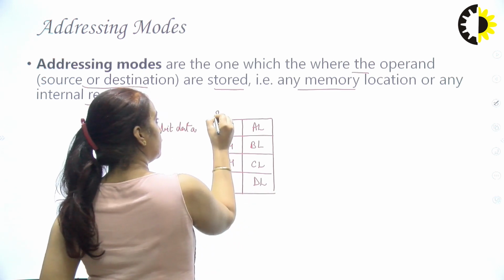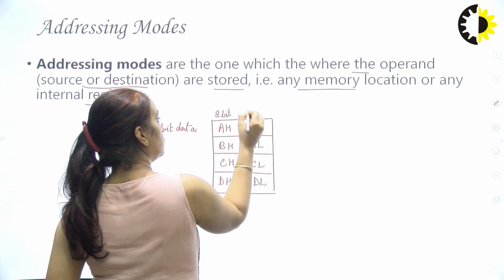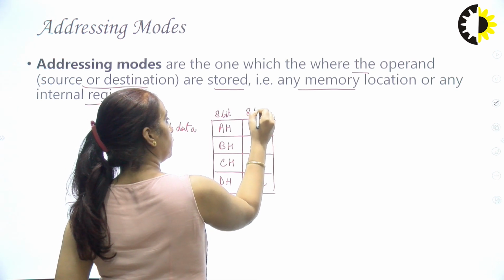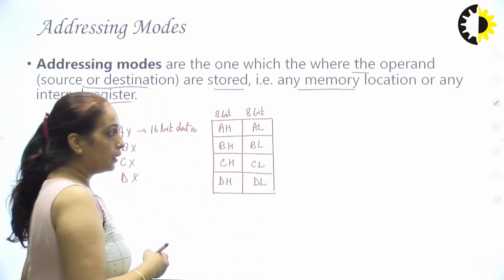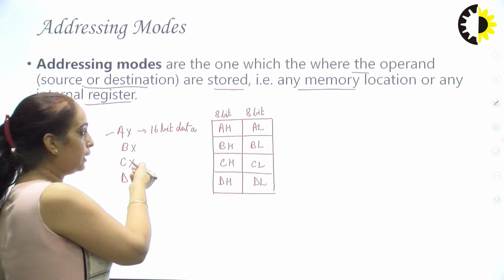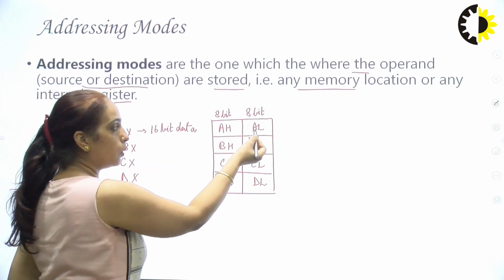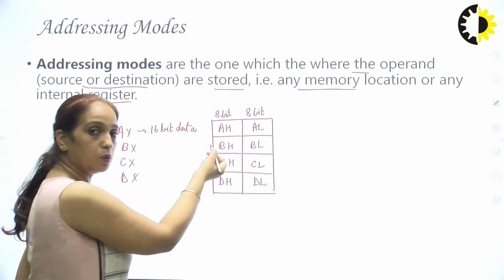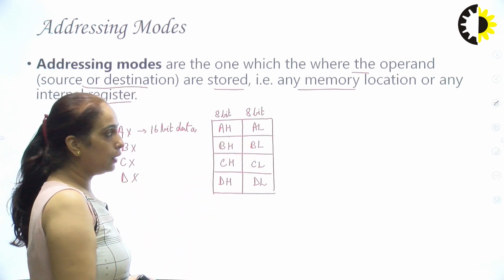So these registers can be used to store 8-bit data individually. If you need to store 16-bit data, we name it AX; the lower byte will be stored in AL, and the higher byte will be stored in AH.